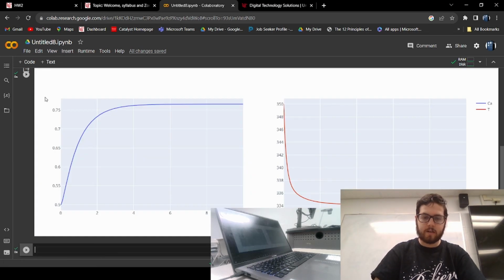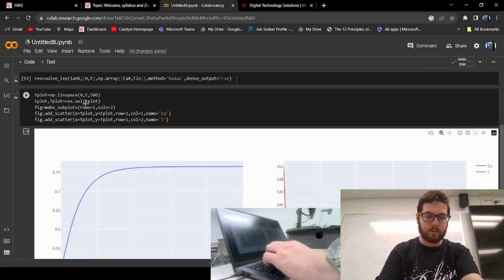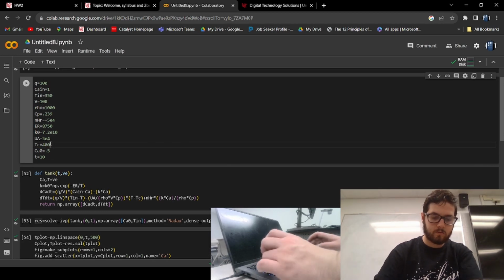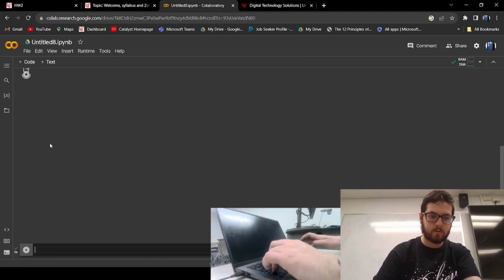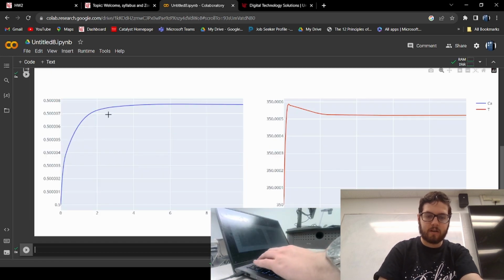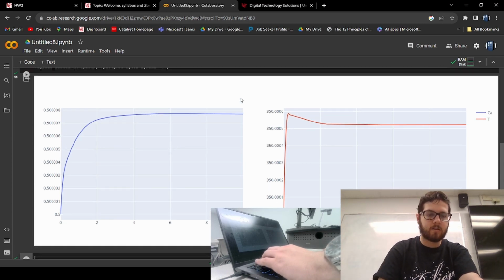The reaction rate rises probably a little more, and even less concentration appears. 400. And with 400, you get barely any change in concentration, barely any change in temperature, because the reaction's going much faster.